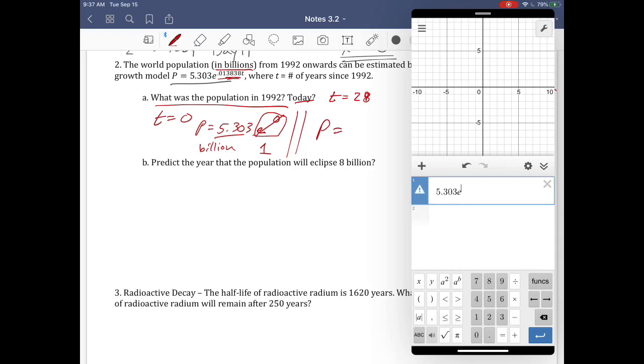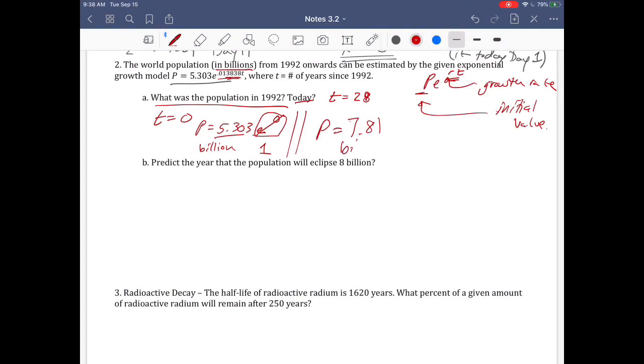A to the B power here allows you to plug in some values. So now we have 0.013838 times t, which is in this case 28. So 7.812, we'll just say 7.81 billion people. All right, context is really, really important in any word problem.